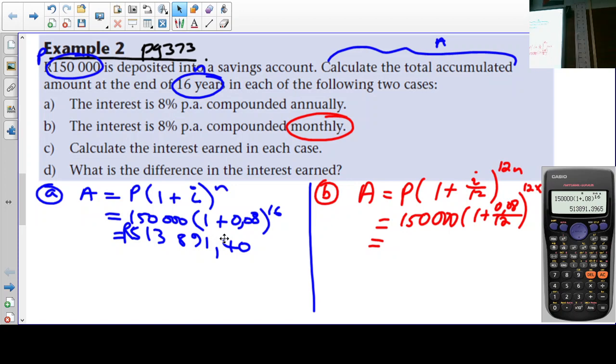Work it out. That's over 12 to the exponent 12 times 16. I'm sure I've got one extra bracket.